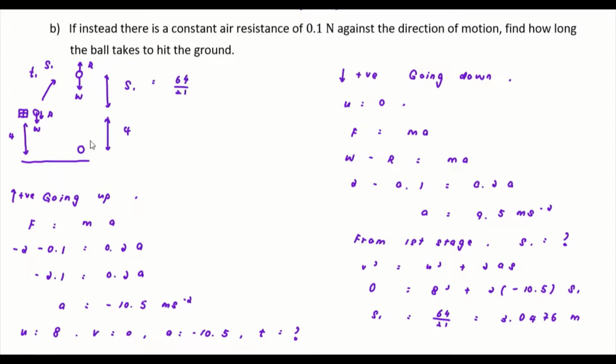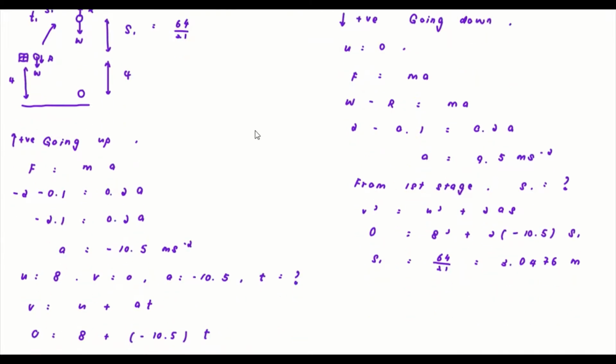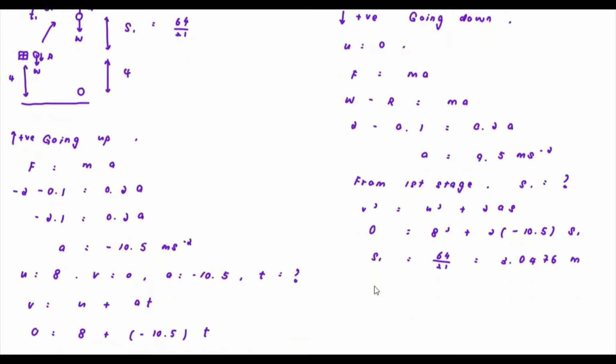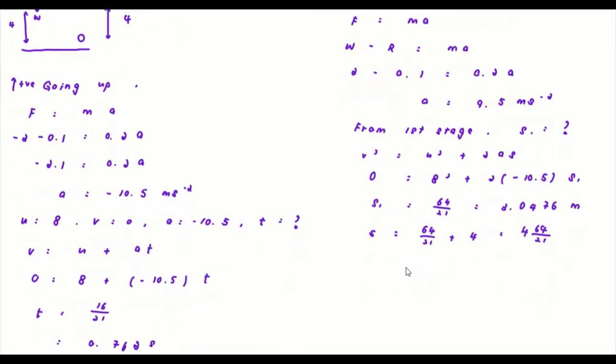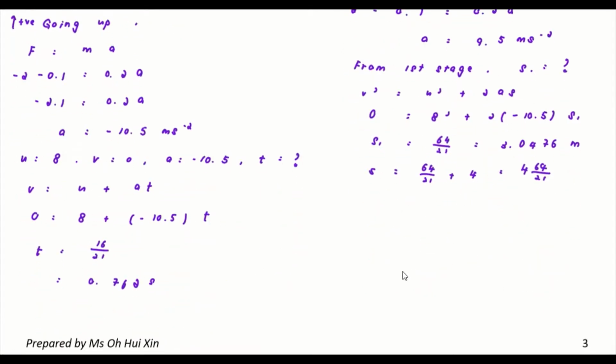Now we can find our total displacement. Our total S for the second stage will be equal to 64 over 21 plus the 4 meters from the window to the ground. We'll write it down like this and substitute later. After this, we have three variables already, so we can proceed to find t.